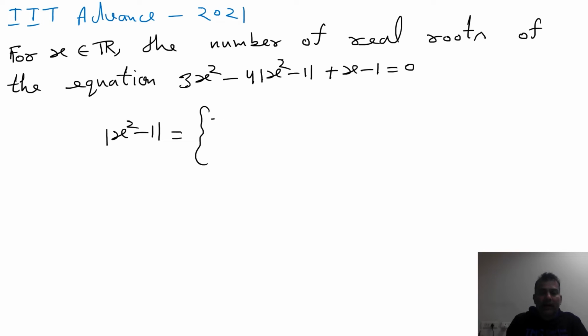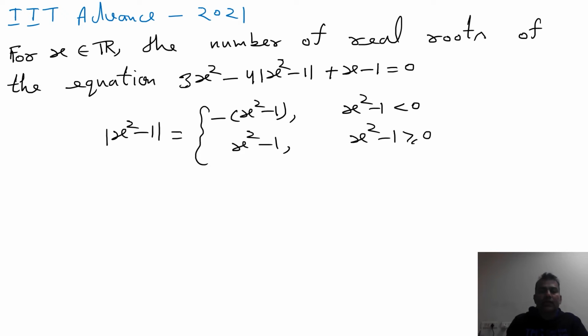So it is minus of x square minus 1 if x square minus 1 is less than 0, and it is x square minus 1 if x square minus 1 is greater than or equal to 0. So that means we have two inequalities, x square minus 1 less than 0 and x square minus 1 greater than or equal to 0.